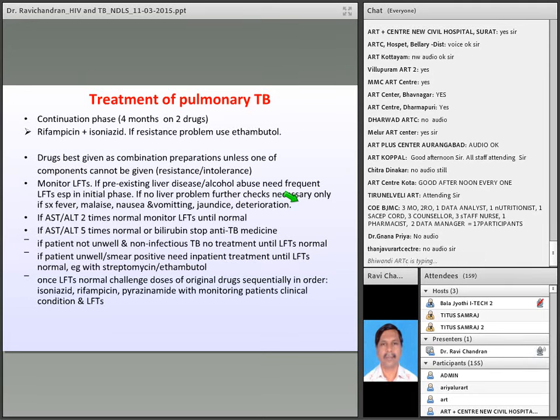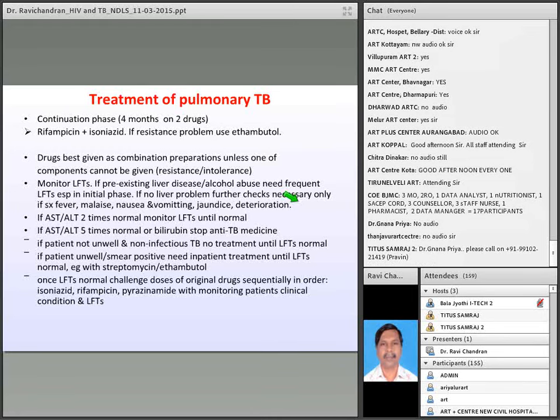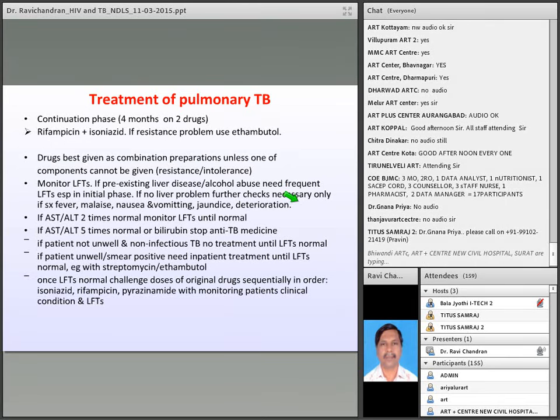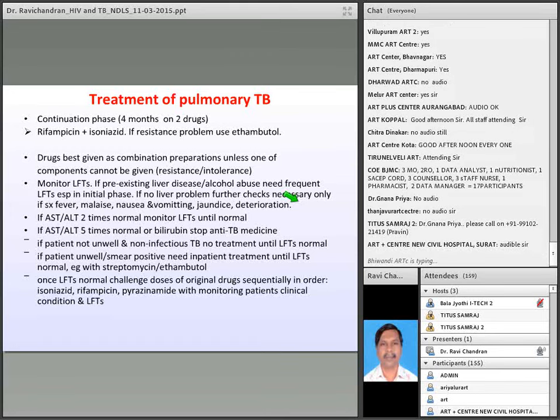If the AST or ALT is more than 2 times the normal value, monitor LFT until normal. If it is 5 times more than the normal or the bilirubin level is very high, we can stop anti-tuberculosis medicine for a brief period.